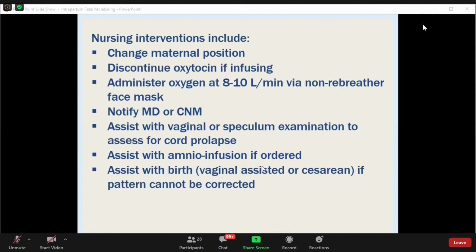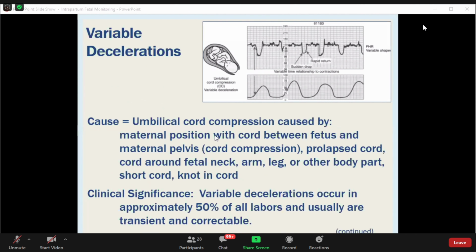So if the mom comes in and she's in labor and you look at her history and you see that she has oligohydramnios, you should be monitoring her very closely for variable decelerations. Now, one of the things that might be done is an amnio infusion for her, okay? To infuse fluid in to expand the volume of amniotic fluid to decrease the chances of this happening.